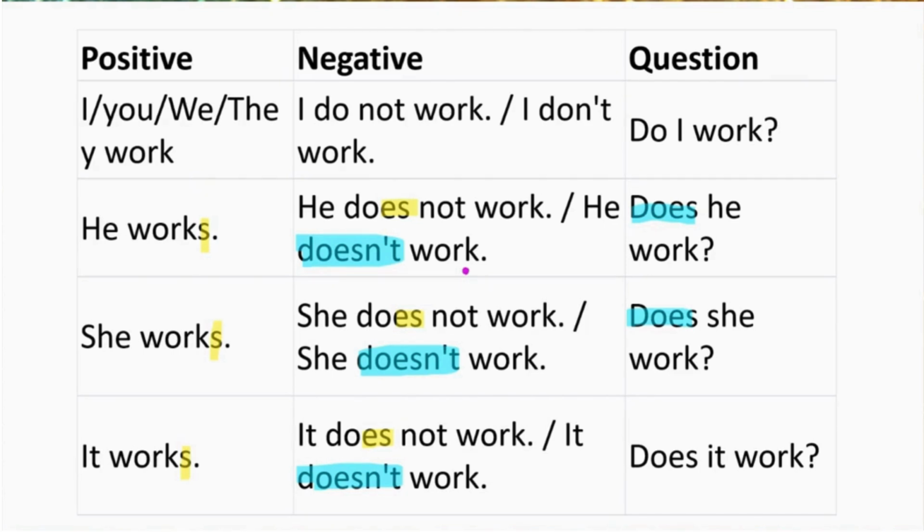And in a question form, we will bring does before the subject. Does he work? Does she work? Does it work? If it is I, you, we, and they, then it's do for the question before the subject and do not for the negative, but does not and does if the subject is he, she, or it.